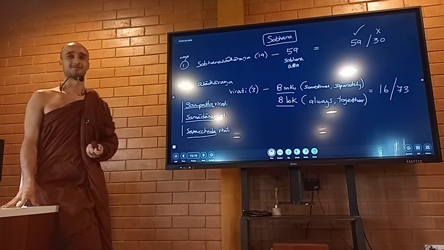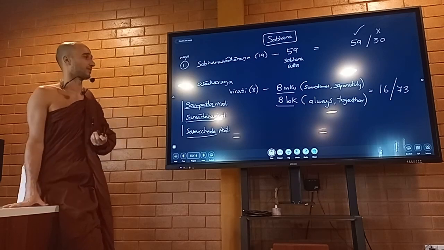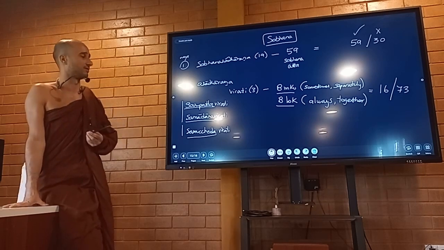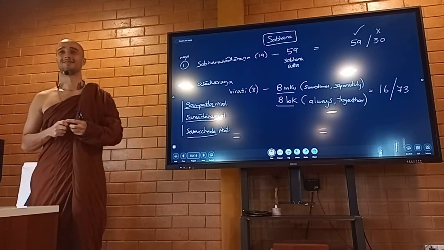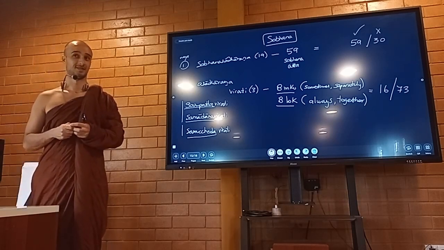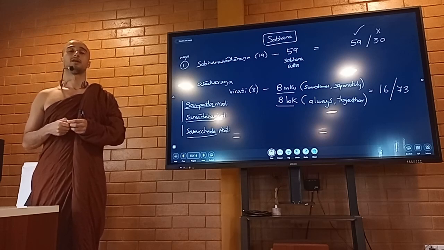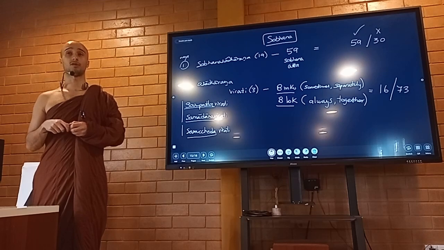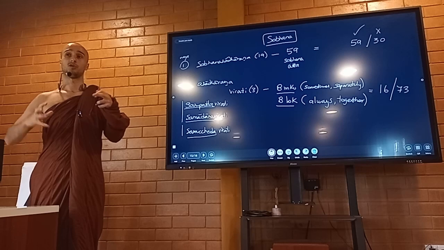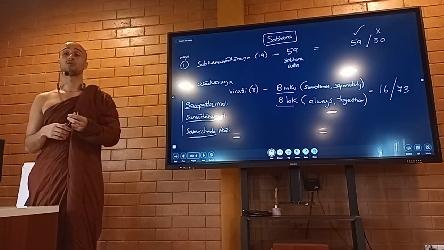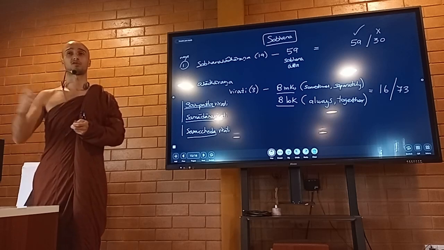In the Lokuttara, it depends. When the virati cetasikas arise in the lokuttara citta, they are always together. And in the lokuttara citta, what are they doing? They help jnana destroy the defilements to prevent misconduct.